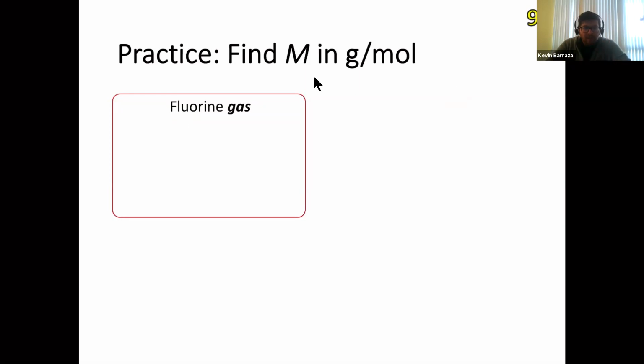So for example, the practice is find molar mass in grams per mole. Calculate the molar mass of fluorine gas, and I emphasize that there is a trick to this one. We should be able to know where to go to get that answer. So what is the molar mass of fluorine gas?